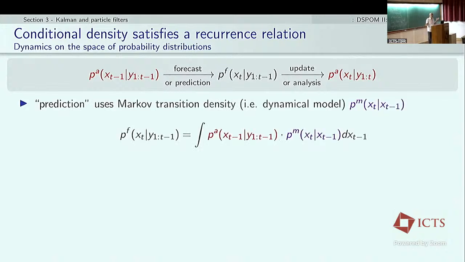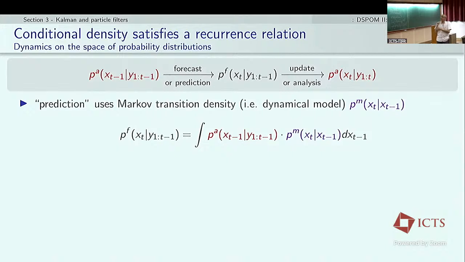Right, the first part is straightforward. Basically, it's a Markov transition kernel. I'm writing everything in terms of densities. So it's just the Markov model applied to the distribution P^A: the distribution P^A times the Markov transition density, integrated over x_{t-1}, is the forecast.